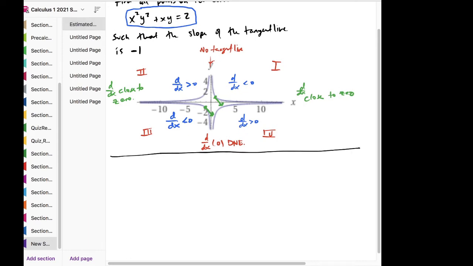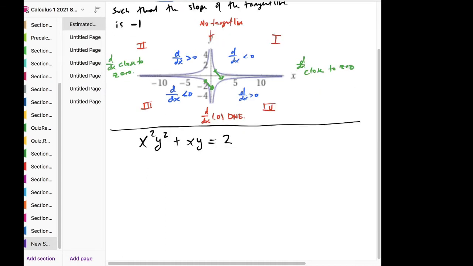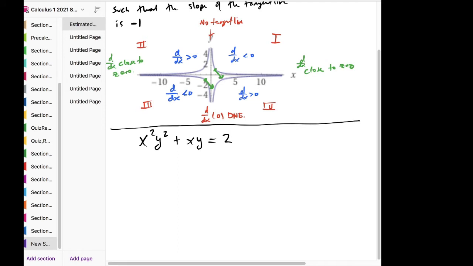All right, so let's do the derivative. So how do you find the implicit derivative of an implicit function? What's your first step? To find the derivative of an implicit function.